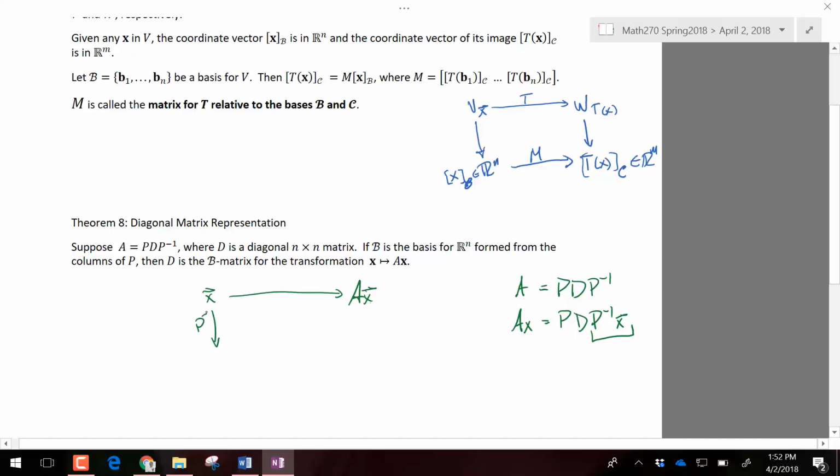So this is the P inverse matrix that sends this into another vector, essentially a change of basis. And then after you apply P inverse to it, you send that through the diagonal matrix D. And this is supposed to be the easy part over here, because D is a diagonal matrix. And that's going to get sent to this. Now, this is D of x sub B.